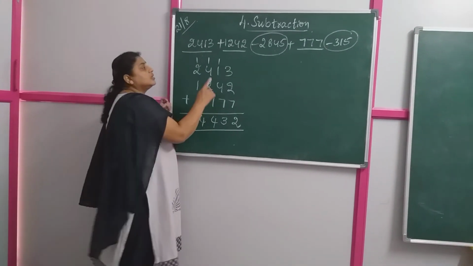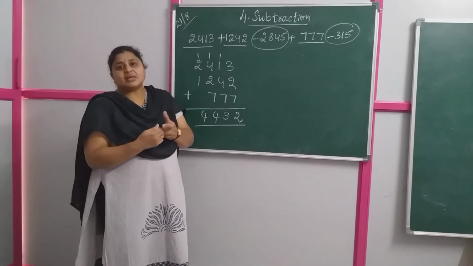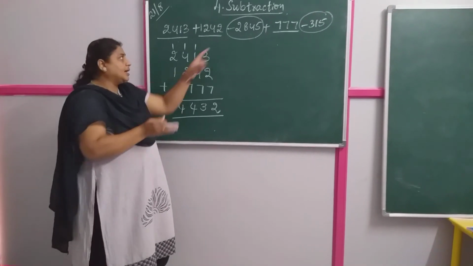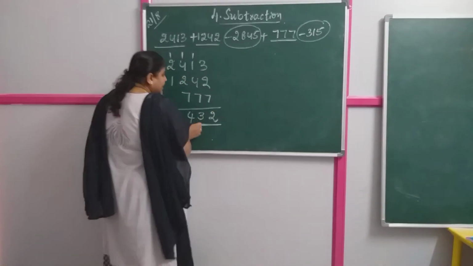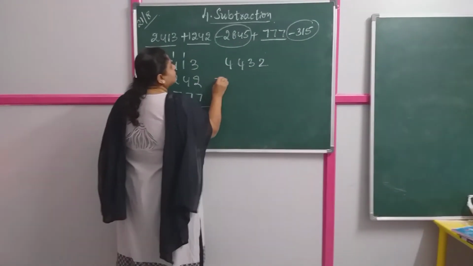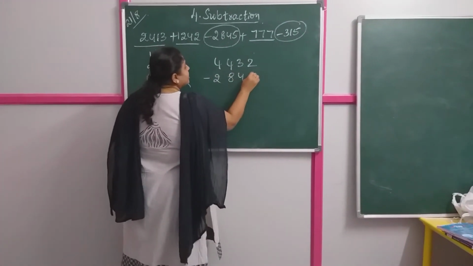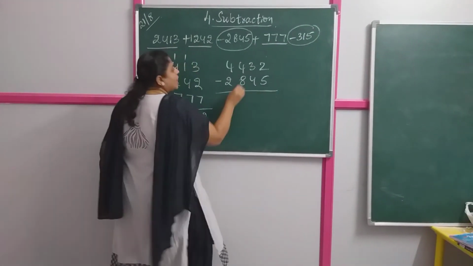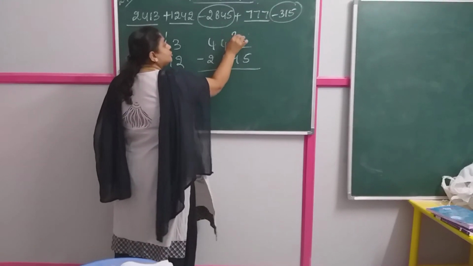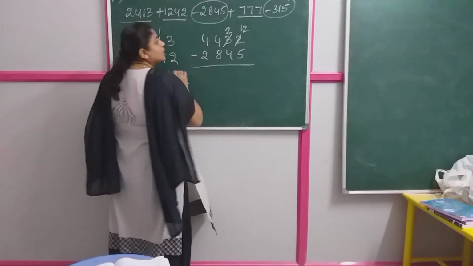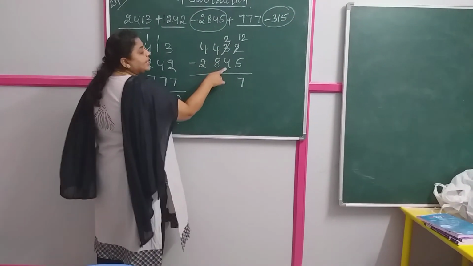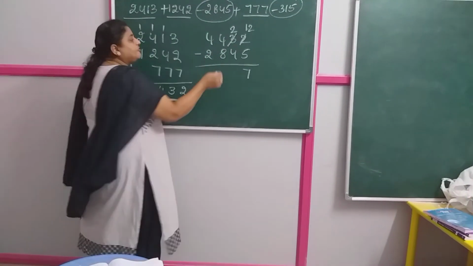Now, can two numbers be subtracted together, children? No. So first we subtract one number. That is, from this total number 4432, we will subtract first 2845. Now from 2 I can't take away 5. So 3 changes to 2 and 2 changes to 12. 12 minus 5, 7. Now from 2 can I take away 4? No. I have to take a borrow.